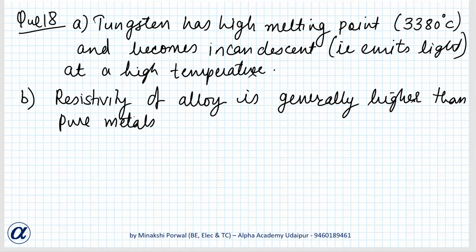Therefore, conductors of electric heating devices like toasters and electric irons are made of alloys rather than pure metal. If resistivity is high, resistance will be high, and therefore it will heat up more. Therefore, these conductors are made of alloy.